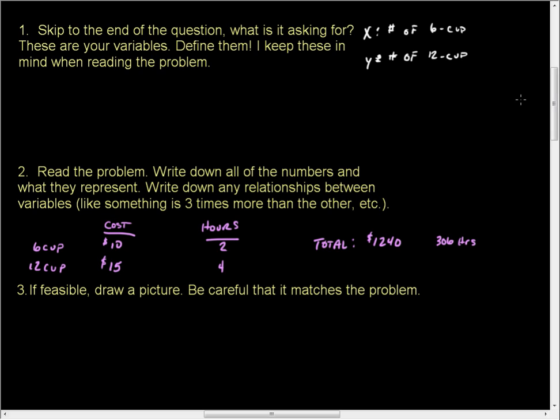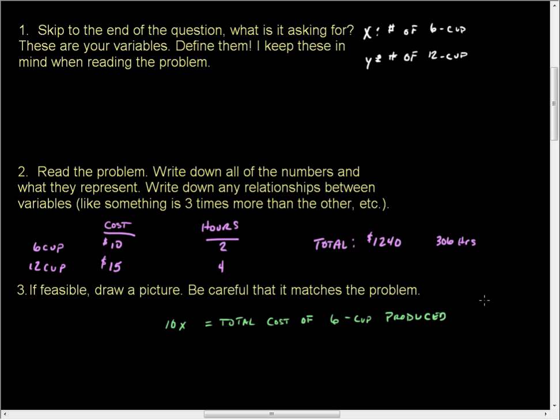What would give me an insight is to remember that if I'm coming up with cost, and I'm saying I'm going to take $10 and multiply that by the number of 6 cups, that's my total cost of 6 cups produced.